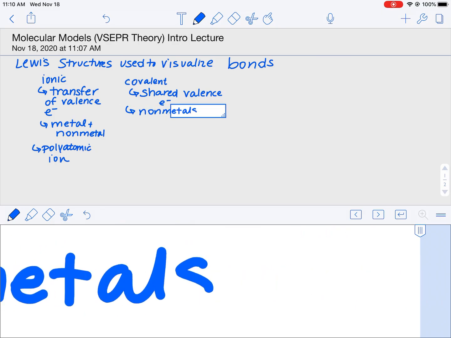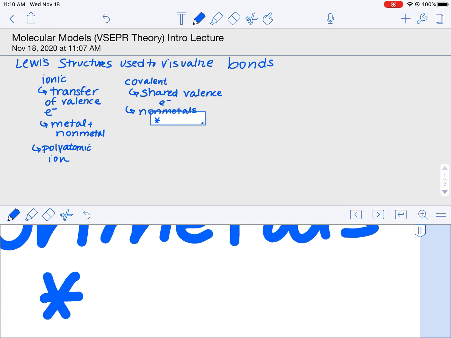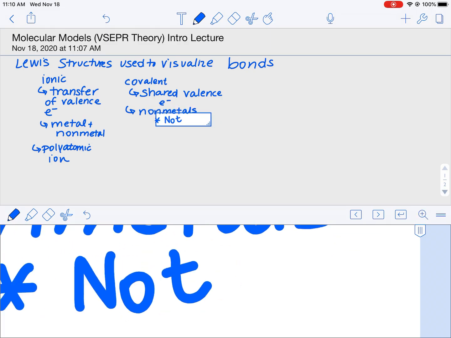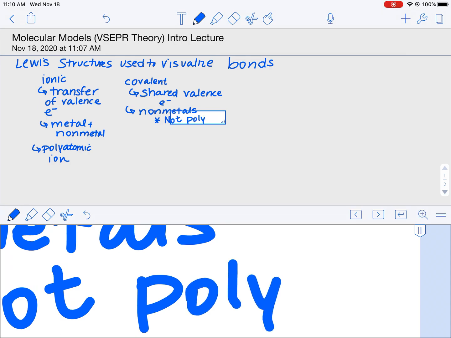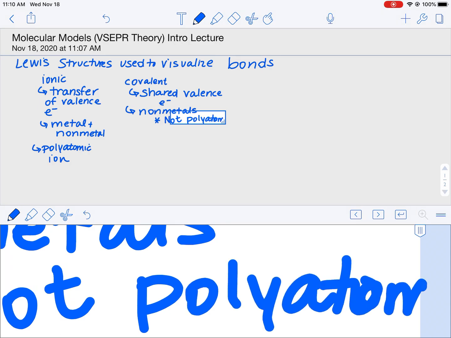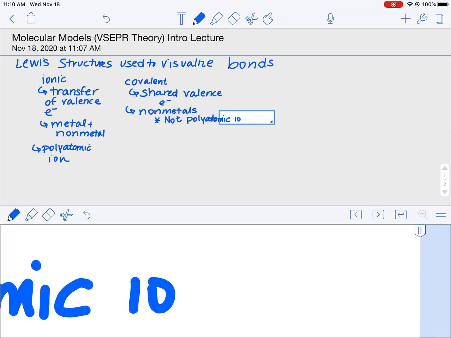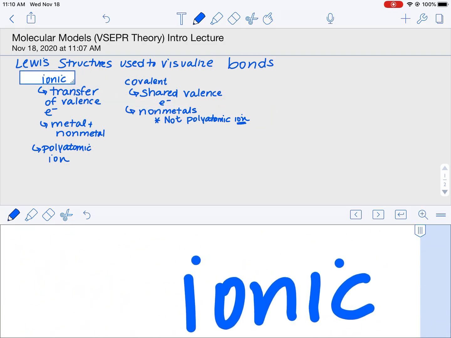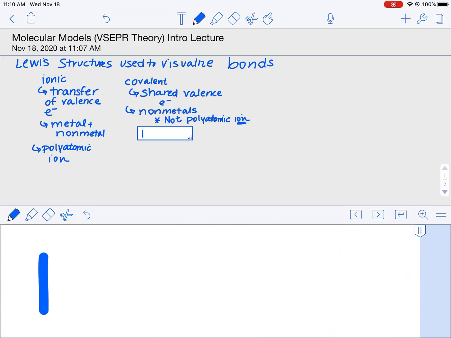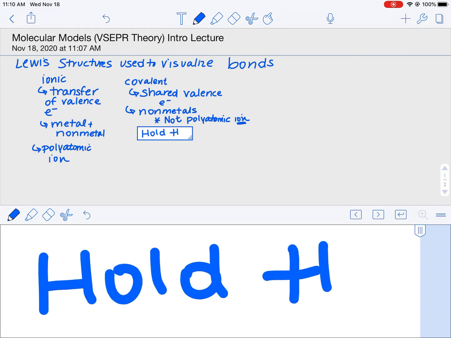But we have to double check and make sure that the nonmetals are not part of a polyatomic ion, in the sense that as soon as you get the ion, you know you're going to have an ionic bond. However, they do hold the polyatomic ion together.